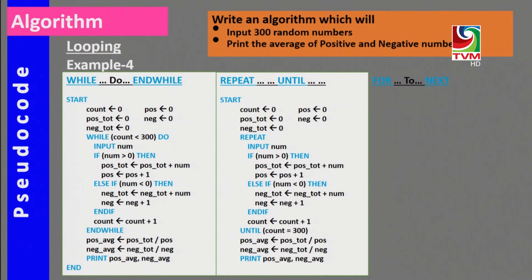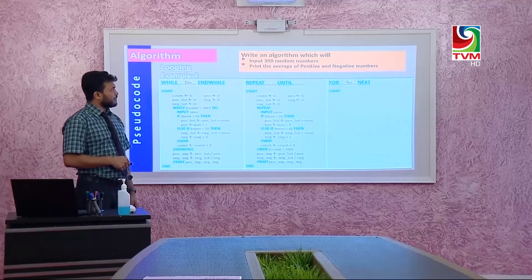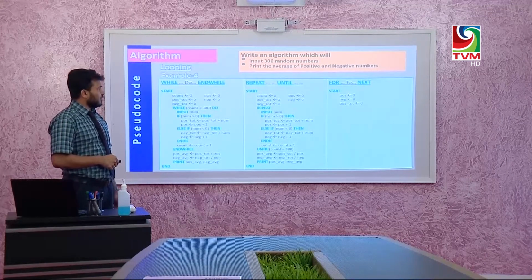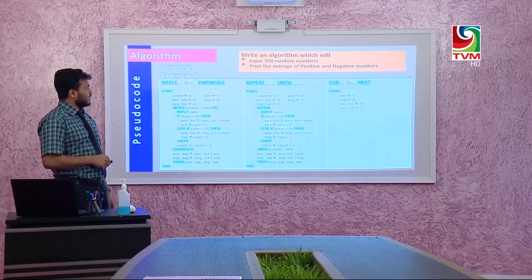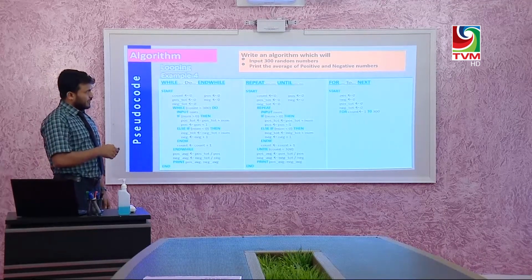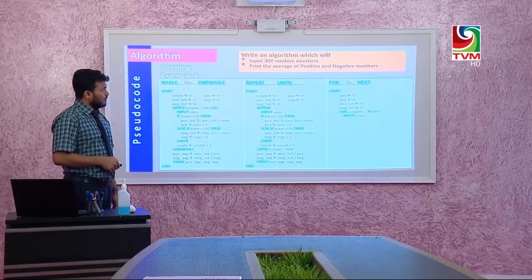Now see how it is converted to the for to next statement. For to next: start, post is equal to 0 and neg equal to 0, post total also 0, neg total also 0. For count equal to 1 to 300, the initial value of the count is 1 to 300, input num.